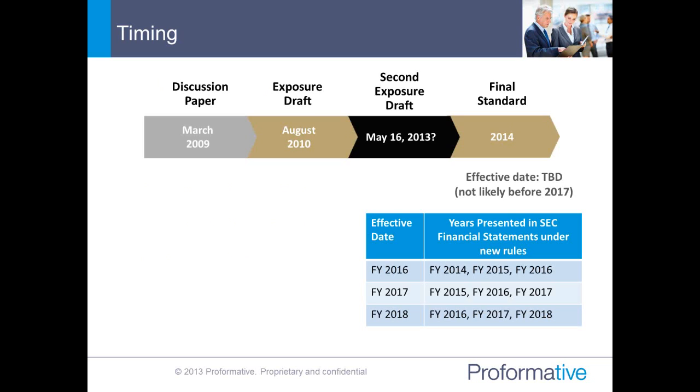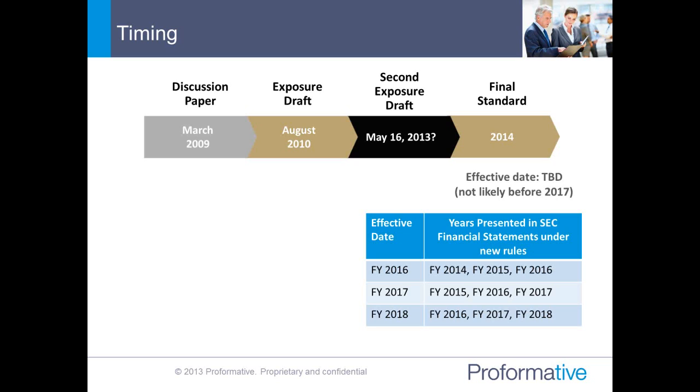Based upon their projections, there's a 120-day comment period. The staff reviews the comments and takes from them the issues that they think the board should focus on in redeliberations, which would probably take us into the fourth quarter of 2013 before they even start to look at possible changes to the second exposure draft.